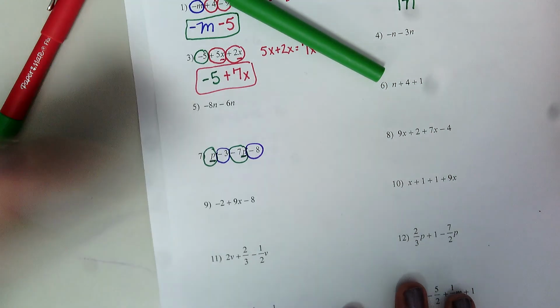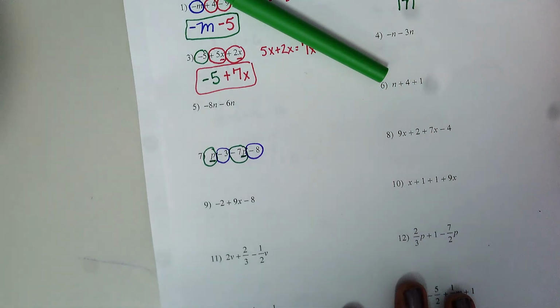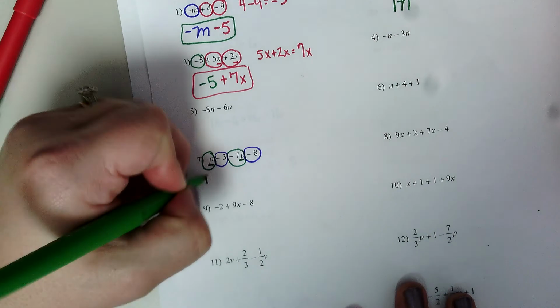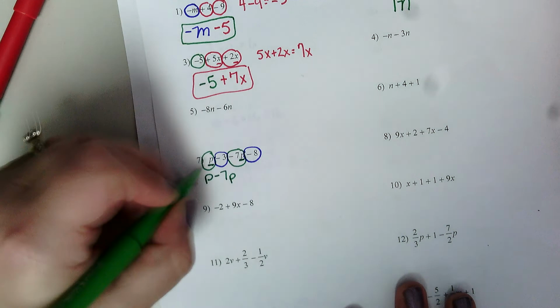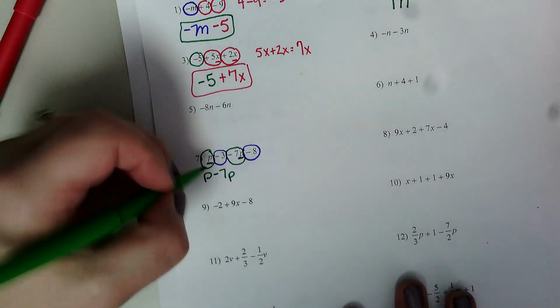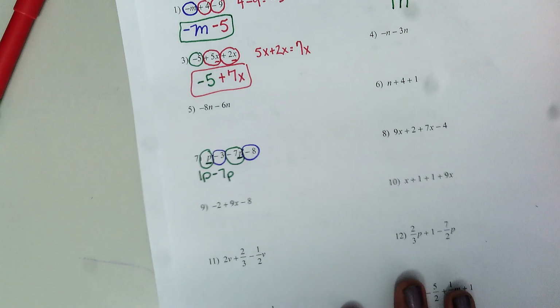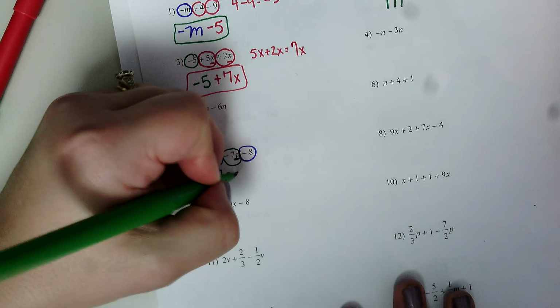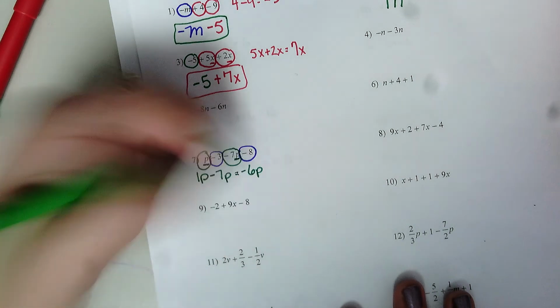So I have P minus 7P, and if you have a variable that doesn't have a number in front of it, just know that's a 1. 1P minus 7P. So 1 minus 7 is equal to -6P.